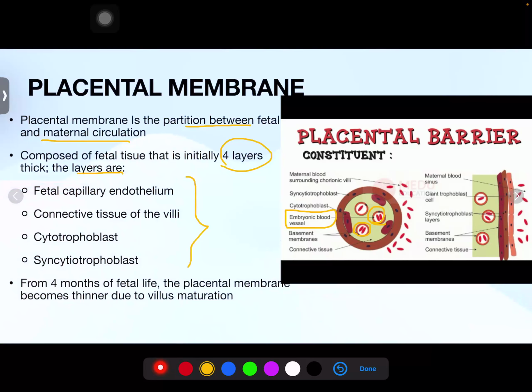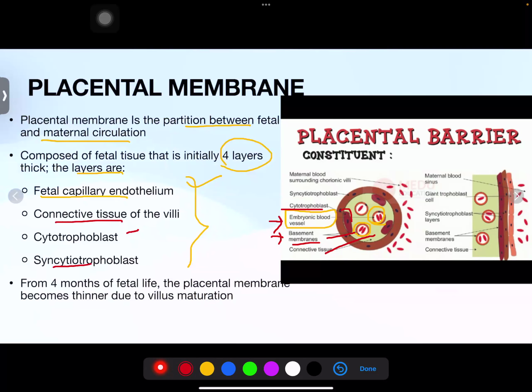So the blood supply of fetal, first would be the fetal capillary endothelium. If you see the diagram, first would be this basement membrane, you can say, or the capillary endothelium. Then would be the connective tissue of villi. See, this is the connective tissue. The second layer would be connective tissue. Then would be the cytotrophoblast. So third, this is the cytotrophoblast.